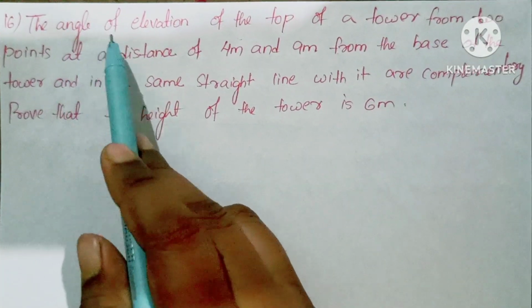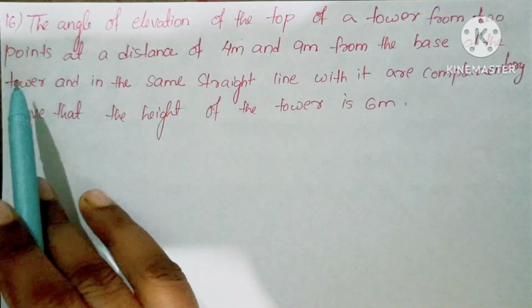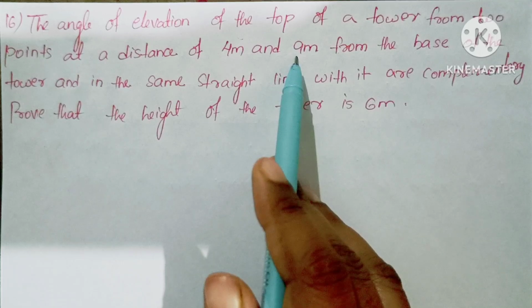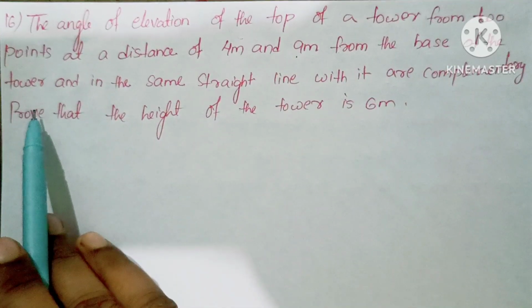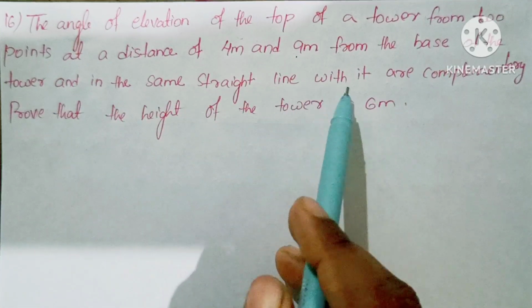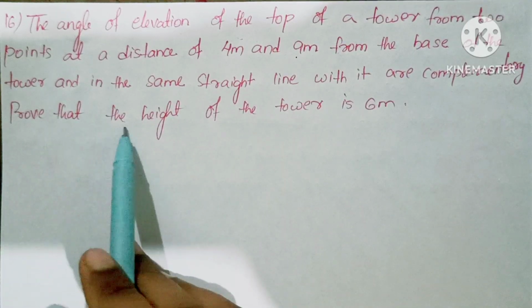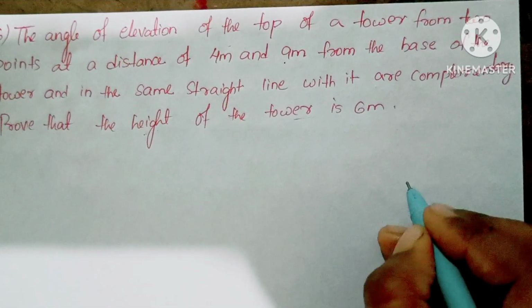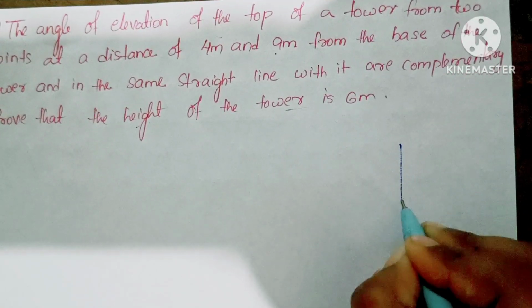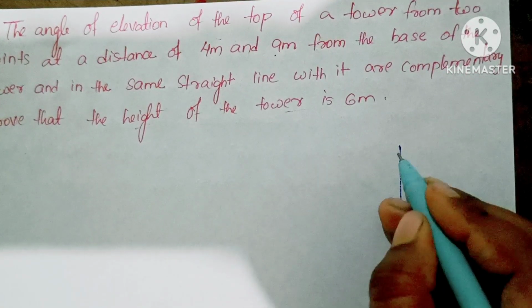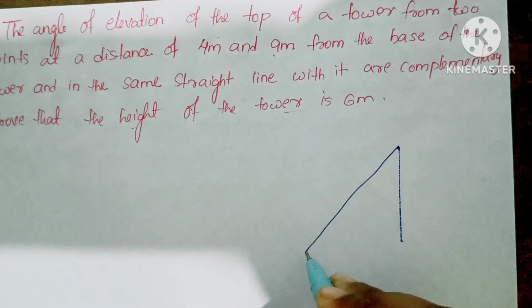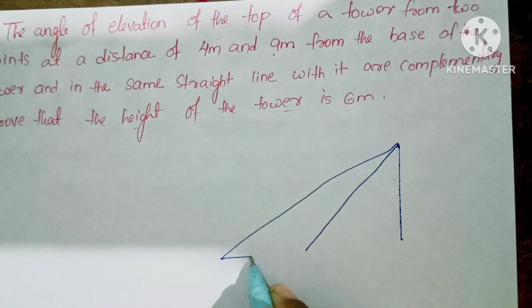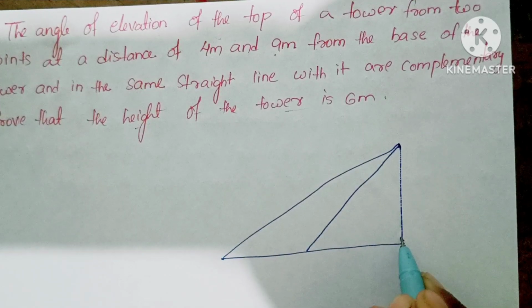The angle of elevation of the top of a tower from 2 points at a distance of 4 meters and 9 meters from the base of the tower and in the same straight line with it are complementary. Prove that the height of the tower is 6 meters. So there was one tower, and from the base there were 2 angles of elevation.